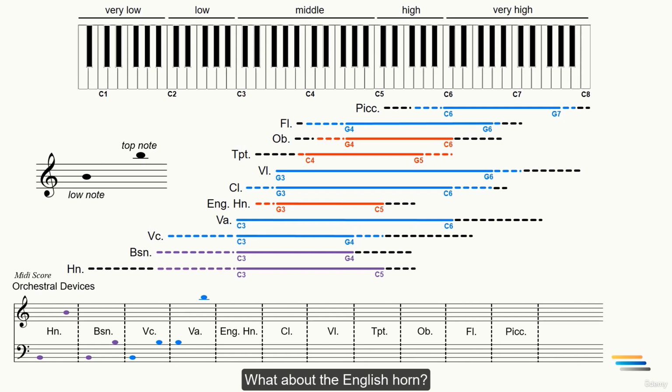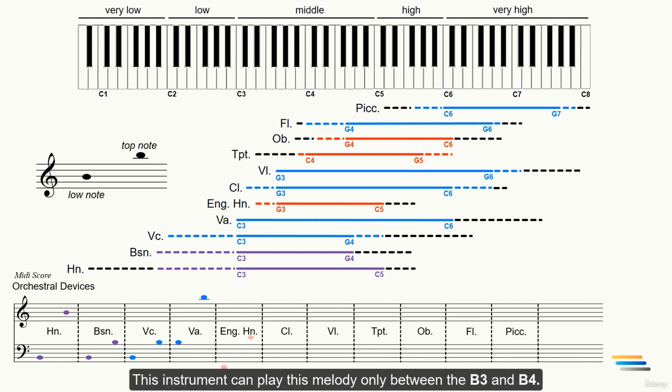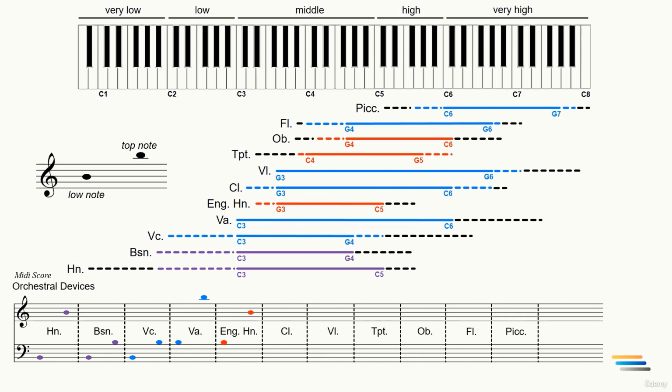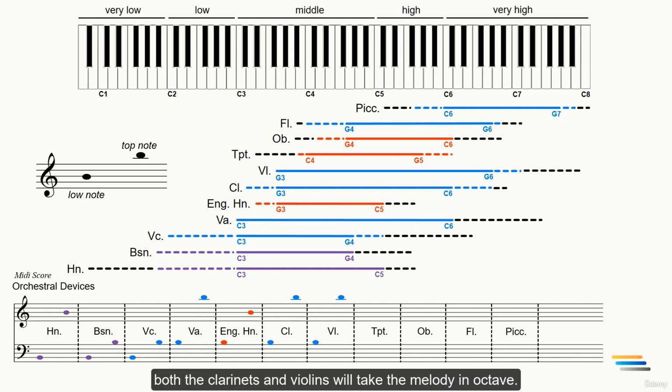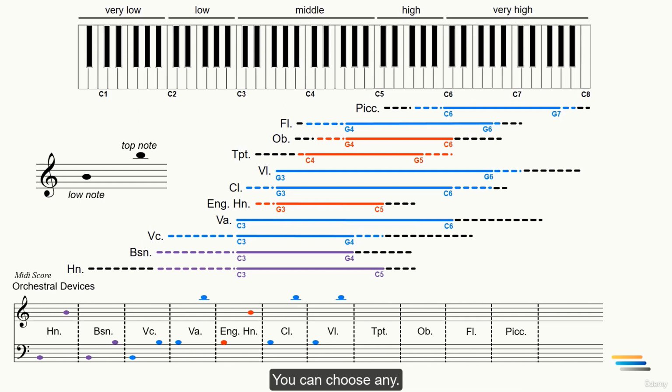What about the English horn? This instrument can play this melody only between B3 and B4. As you observed, due to their huge range, both the clarinets and the violins will take the melody in octaves. You can choose any.